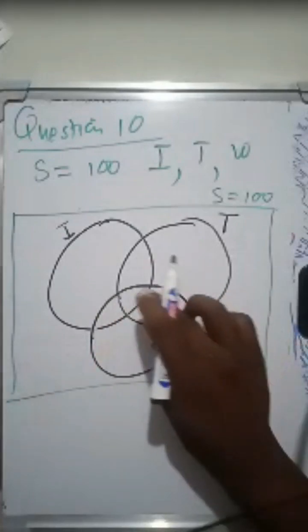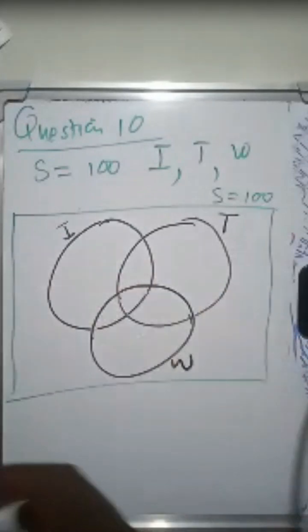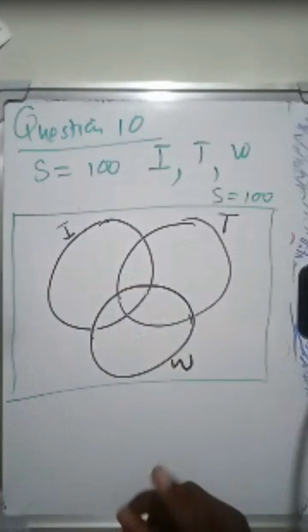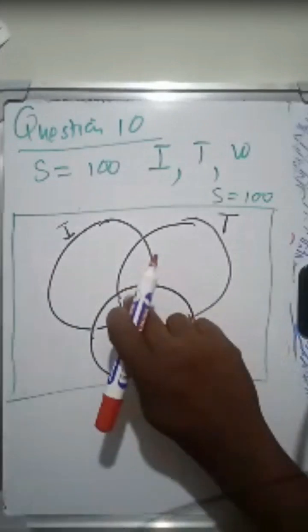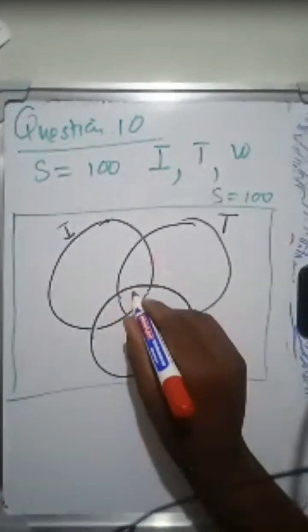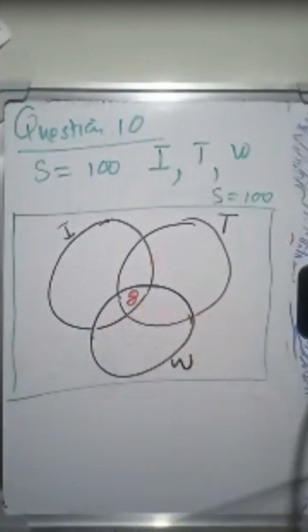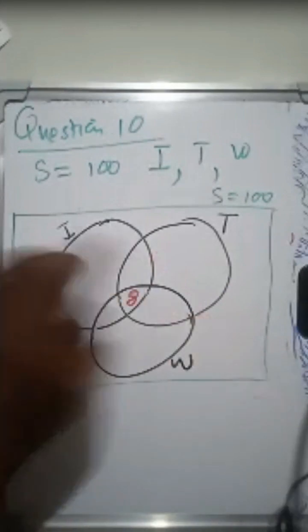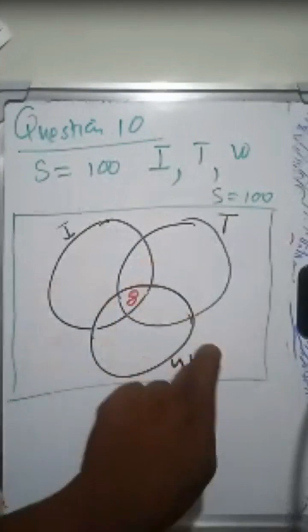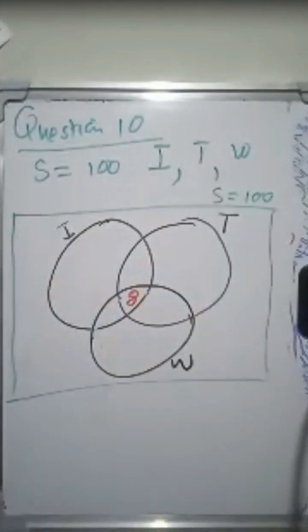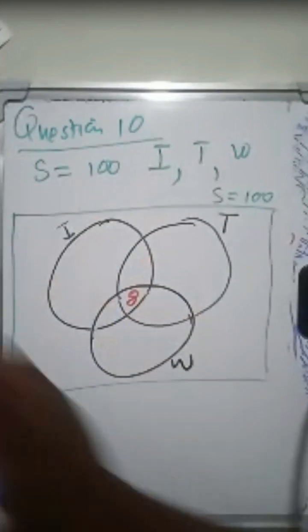Right? So the intersection of all the 3 is here. That is where we have what? 8. We are using all the 3. So if you see, this 8 is found in Instagram, it's found in Twitter, it's found in what? In WhatsApp.